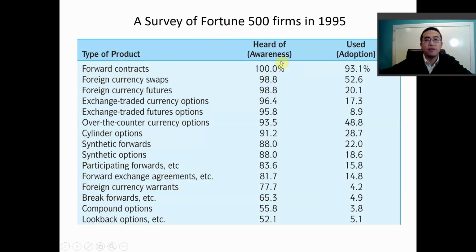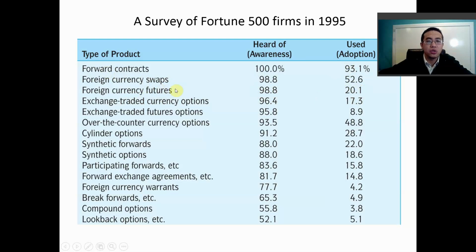So 100% of them have heard of that, they're aware of that, and over 90% of them have actually used a forward contract to hedge the risk. And second on the list are currency swaps, followed by currency futures. Most of them have heard about that. 20% of them have used the futures.